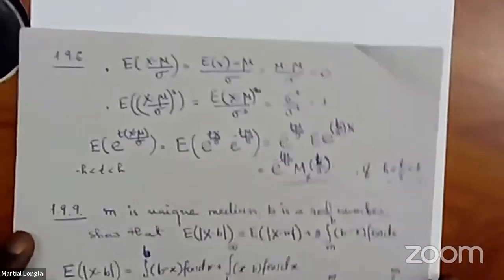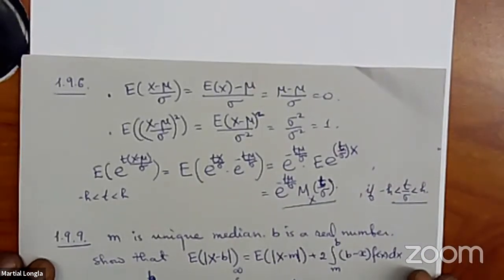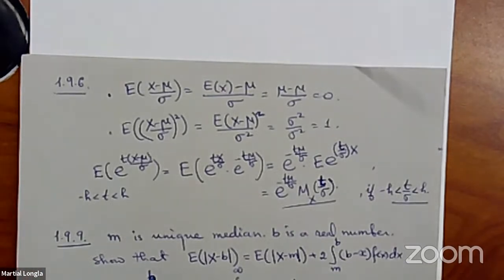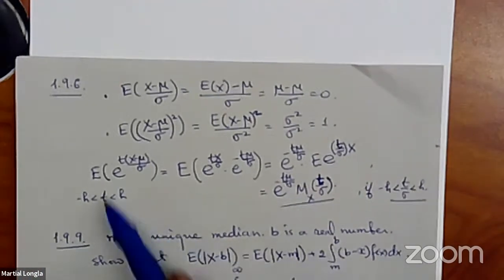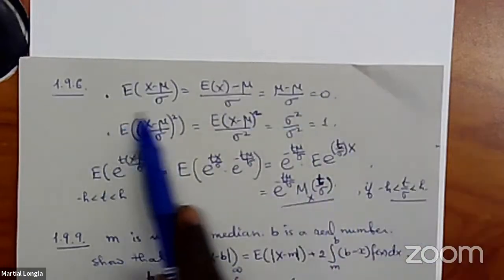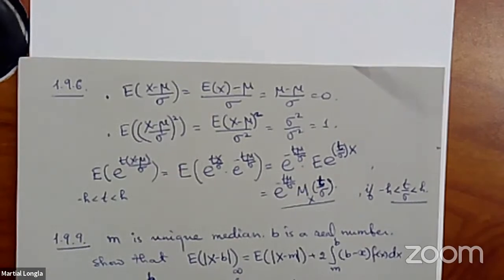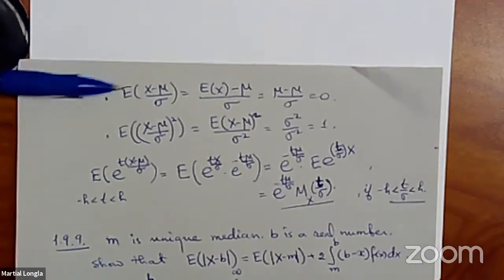The next problem here was, this is the easy part. Show that this expected value is 0 and that expected value is 1. Just use the fact that the expected value is linear.